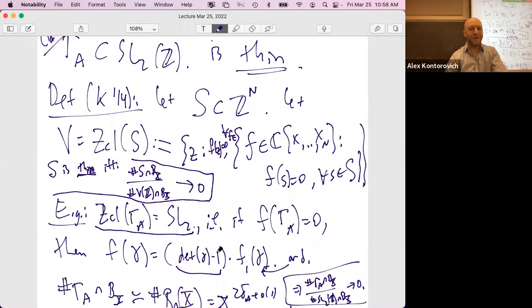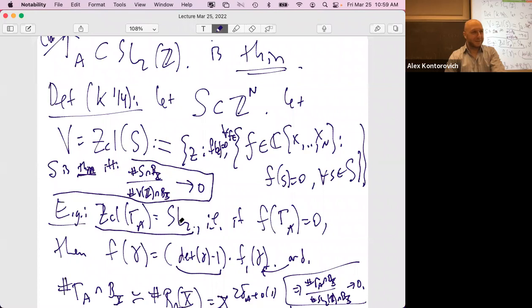These will all have different vanishing sets, so it's a way of stripping away this arbitrary part and getting down to the essence. And because this happens, it coincides with SL2, because F1 can be literally anything.